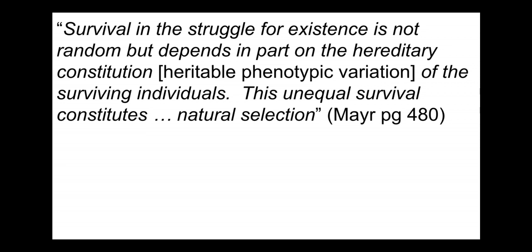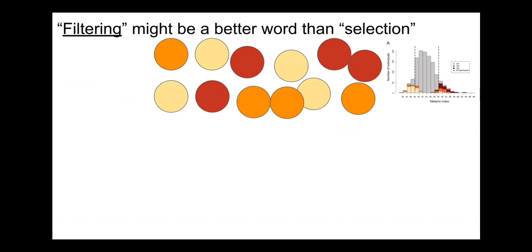Differential reproduction too. The term selection is used, going back to Darwin, natural selection. I think filtering is probably a better word. So here's an example trying to get this across. It's not completely realistic in terms of the genetics, but let's represent our population that varies in skin pigmentation by these circles.